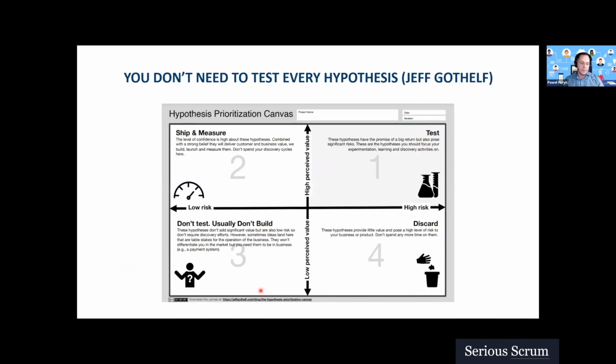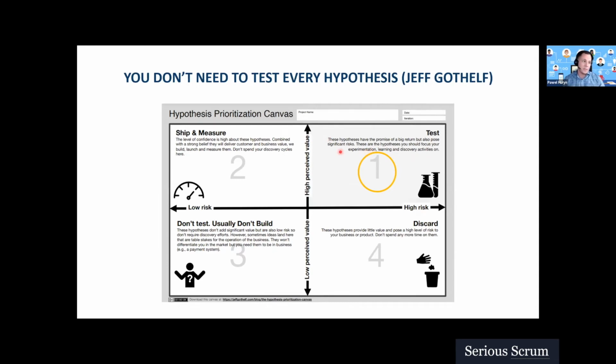So the simple rule is that we would like to test only the assumptions that have high perceived value and that are risky. So for example, this algorithm, that's just an example, creating a reliable algorithm that will display high quality recommendations and it will work fast enough. It may be a high risk assumption, but if we do it, it has a high perceived value. So these are the assumptions that we would like to test.